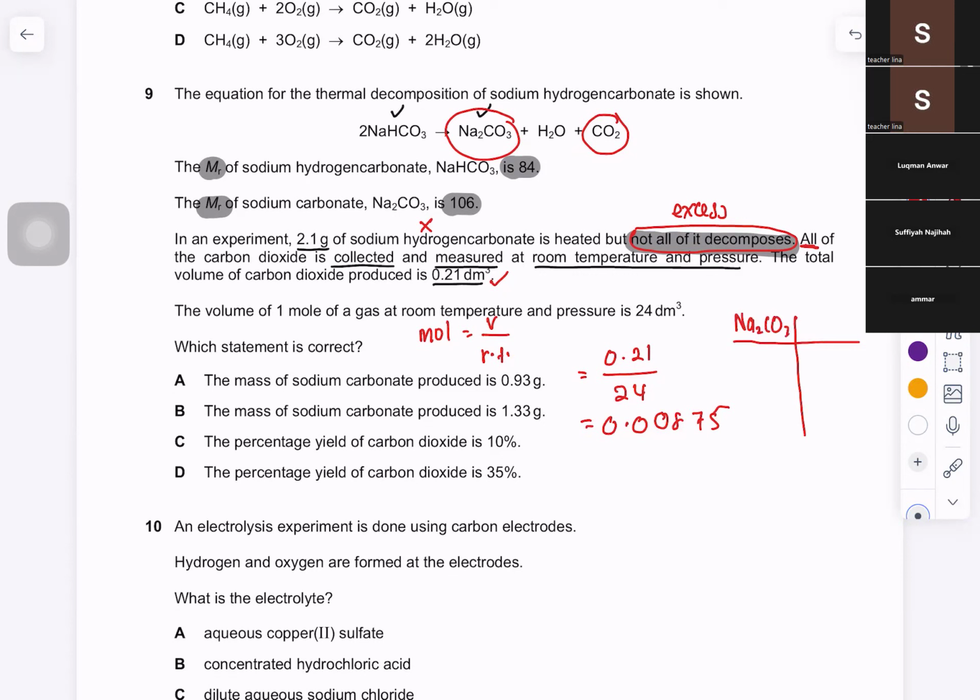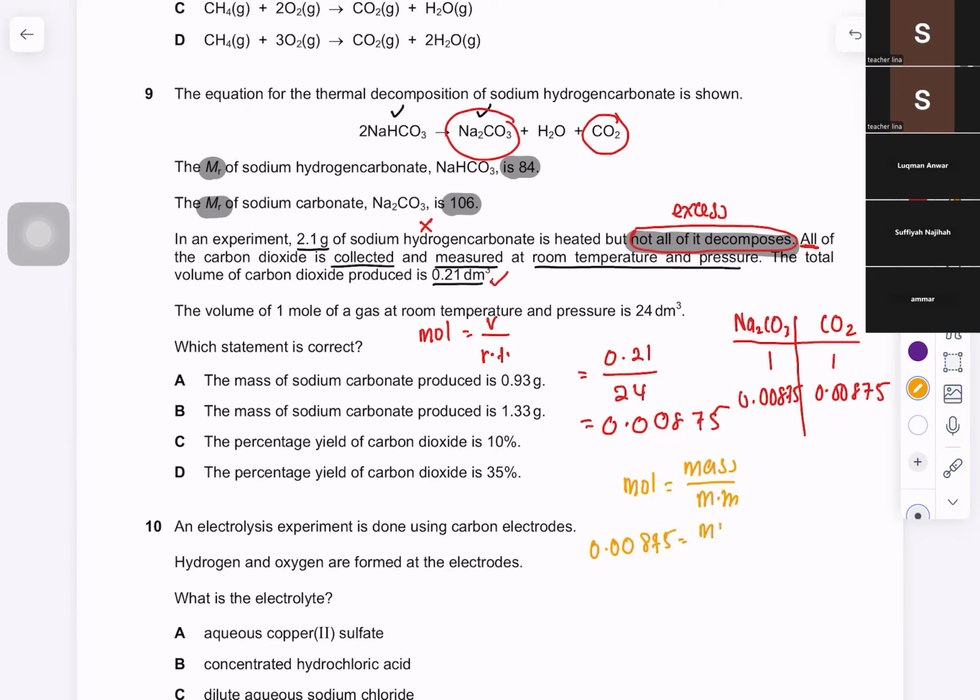Sodium carbonate, CO2. So 1, and then 0.00875. So, dia nak mass. Mole equal to mass over molar mass. So, mole is 0.00875.